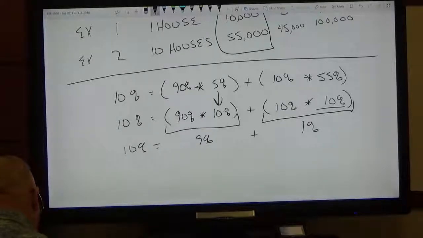To back solve, if you don't know what those are, you do know that 10 minus 9 is 1, and 1 divided by 10% is 10%.